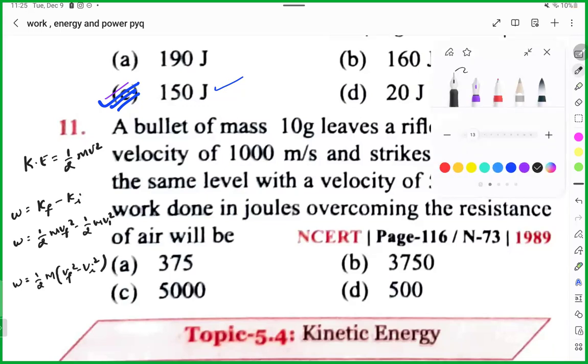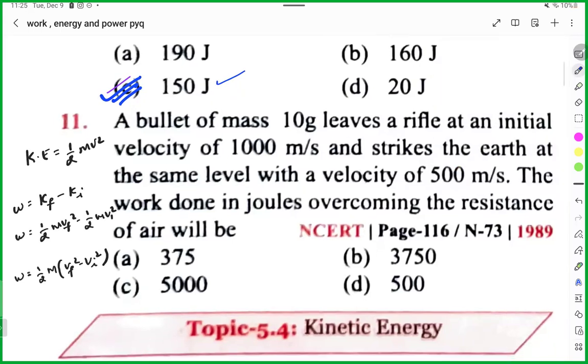Yes, Atika, what was your answer? B. Answer is B. So I'm getting B also. Okay.